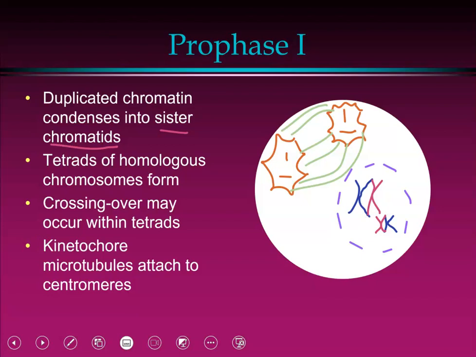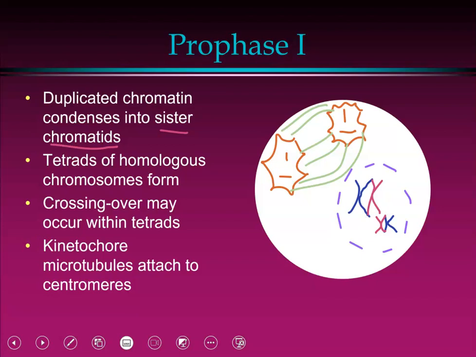And that is called a tetrad. Those chromosomes within the tetrad are homologous. And what that means is that they code for the same genetic traits, like let's say hair color or height for a human. And the reason now I'm using the different colors, red and blue, is to represent the maternal and the paternal genetic material.